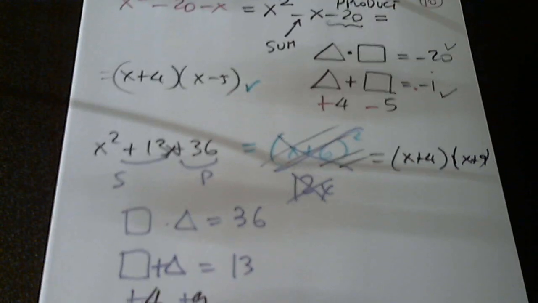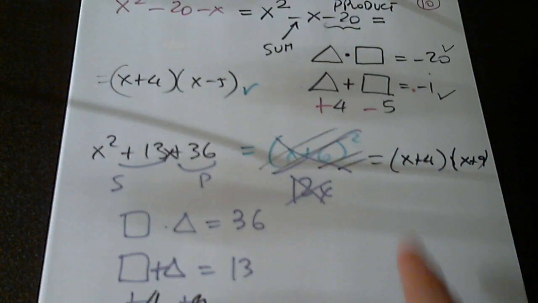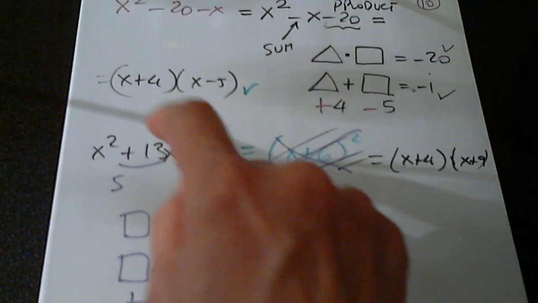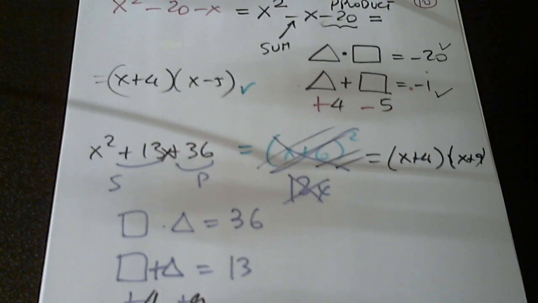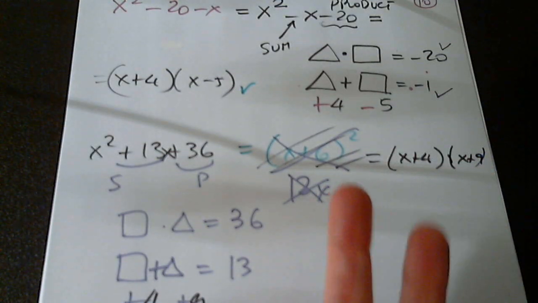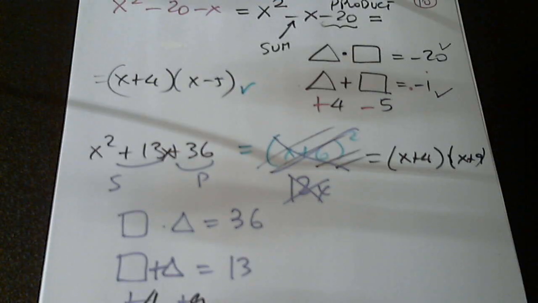Check, a blink. x times x, x squared. 9x plus 4x, 13x. 4 times 9, 36. No one can come up with another. Even if you write it the other way, it's the same thing: x plus 9 times x plus 4.